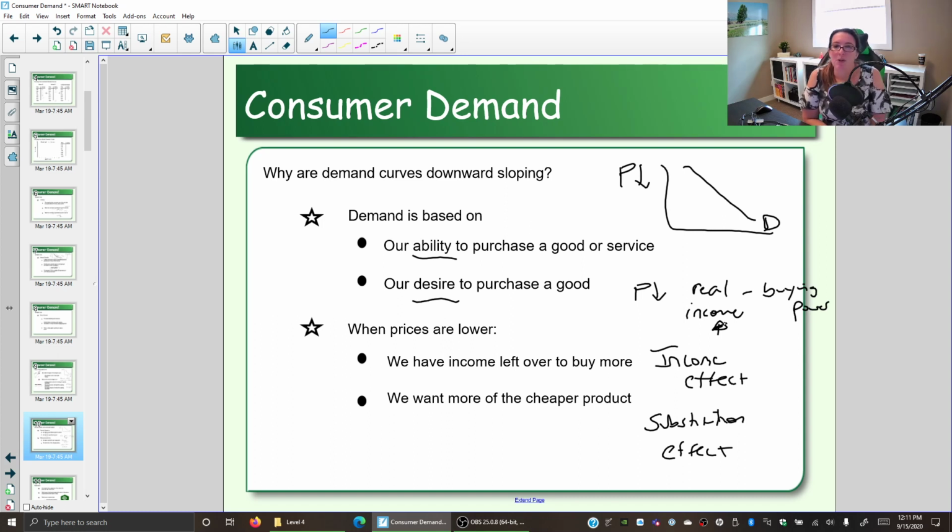So your $20 that you have for lunch now goes farther. You can get more for the same $10 out of the 20 that you did before. So when prices are lower, we now have income left over. We could get more. So we can get 2 sandwiches for 10 bucks instead of 1 sandwich for 10 bucks. So as the price falls, this means we're likely to get more because we are able to. It's not that your actual income has changed, it's that your buying power has changed.